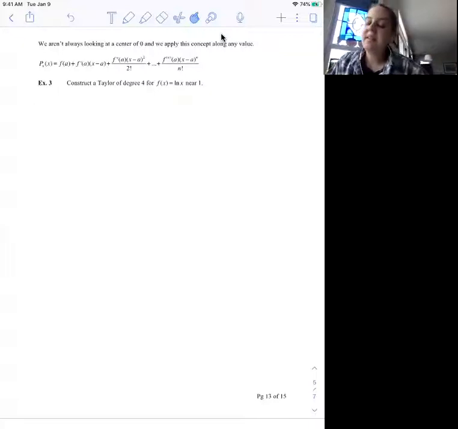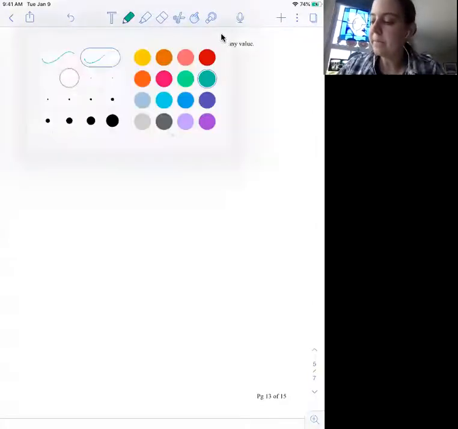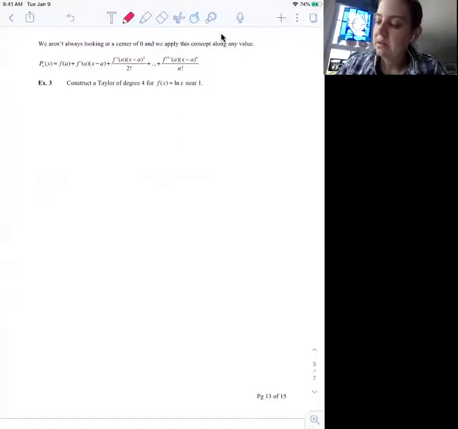So let me show you what this Taylor looks like for 4th degree. It doesn't mean 4 terms. It means 4th degree, 4 is an exponent, for natural log of x near 1. So this is where x equals 1. So again, be organized in your work. Make yourself a list.